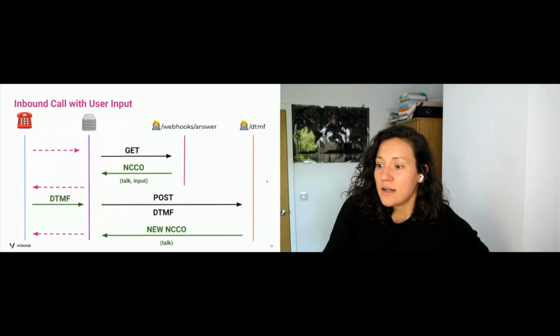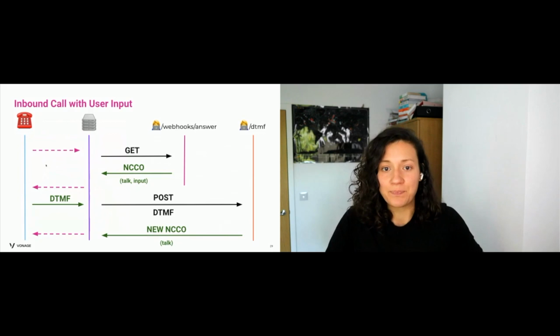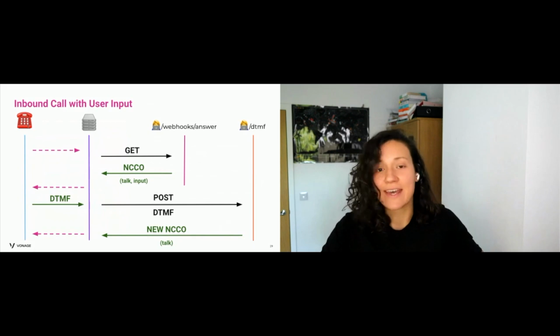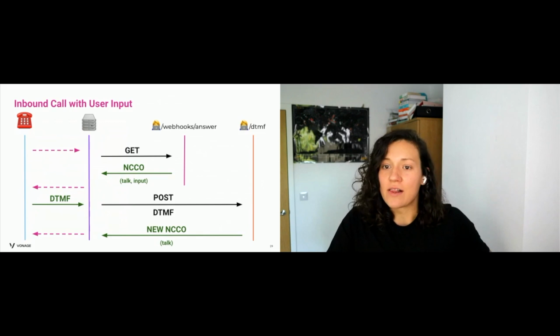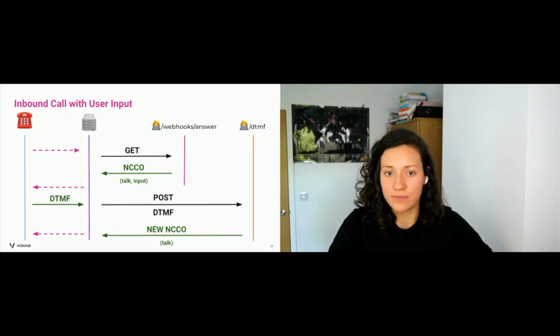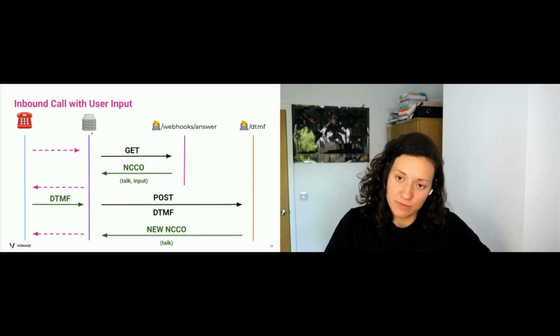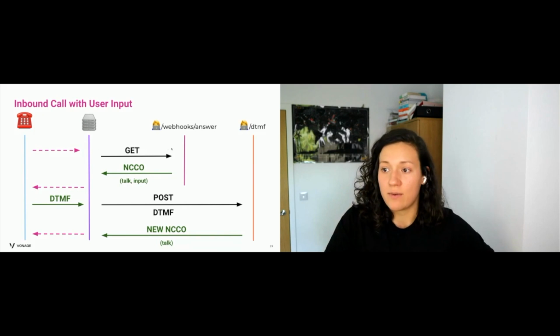As for what we're building, we are starting with the red phone and making a call to the Vonage Voice API. Well, our Vonage number, the virtual number. Then the Vonage API will go and make a GET request to the answer webhook we set up.